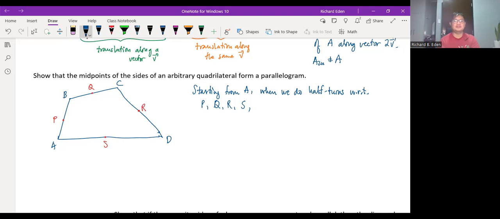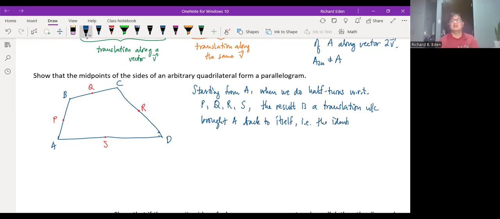So when you do 4 half turns, the result is a translation which brought A back to itself. So i.e. the identity translation. All right.